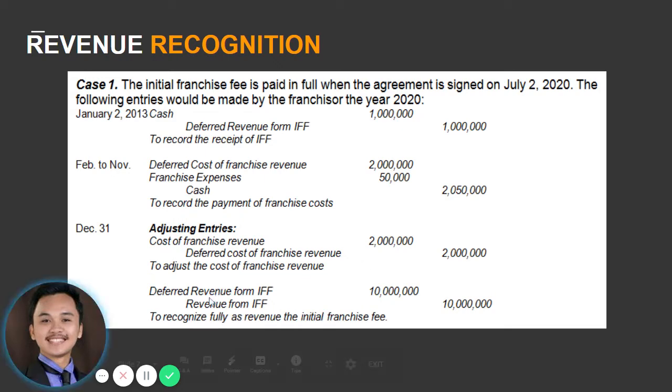And then since there is already substantial performance and there is full payment of the initial franchise fee, the entire 10 million will also be recognized as revenue in year 2020. So debit deferred revenue from IFF to eliminate the deferred revenue from initial franchise fees, and then credit revenue from initial franchise fees of 10 million. Okay?